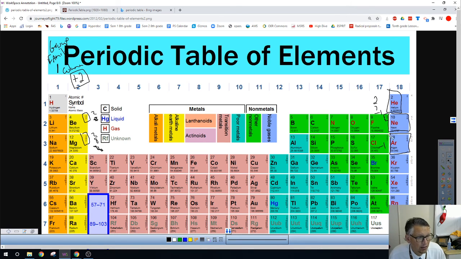Now, here's the kicker that's going to mess you up. I'm saying it wants to gain one negative electron or lose one negative electron. When we take a look at oxygen, the thing that pops into your mind is you go, oh, 2, 6. It wants to gain 2, and you'll want to call it a +2 ion.